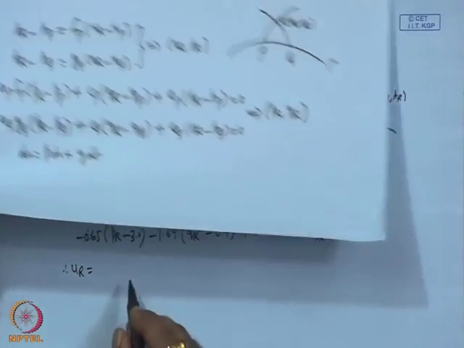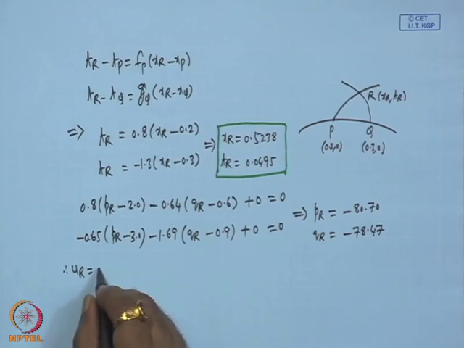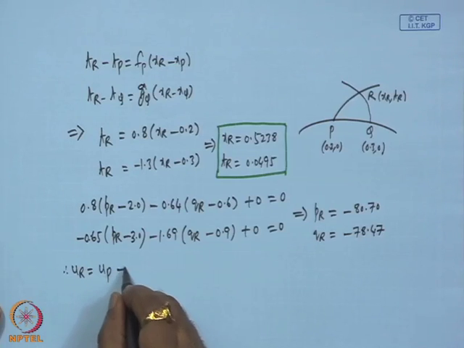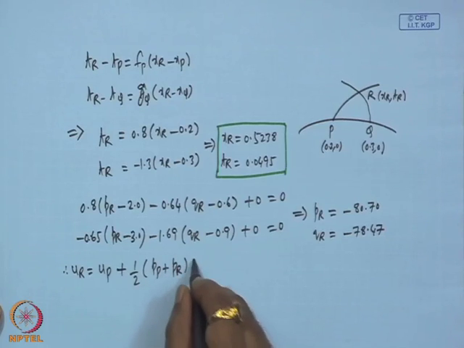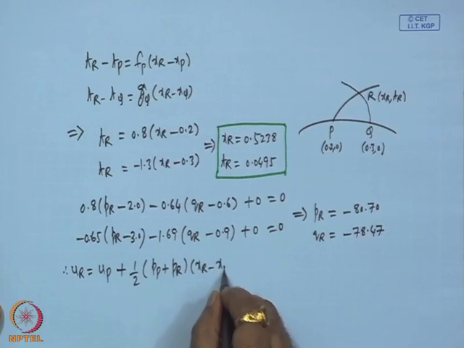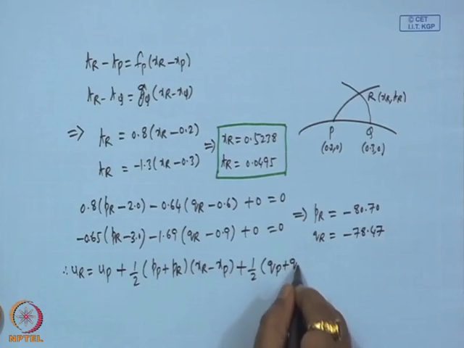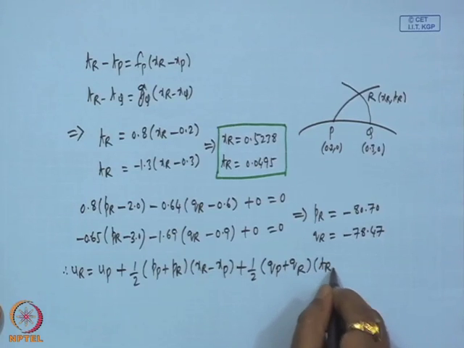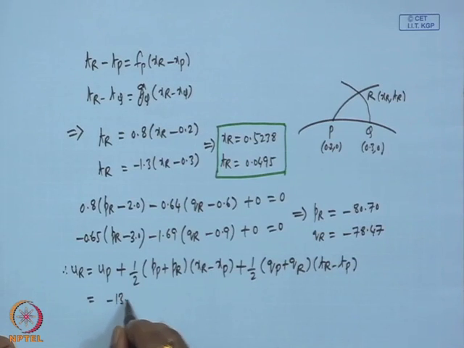Accordingly we get u r equals u p plus half (p p plus p r) and so on. If we compute by substituting the corresponding values. Okay. So, this is the technique to compute.